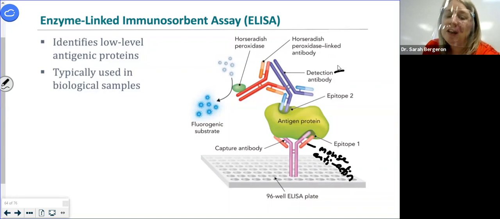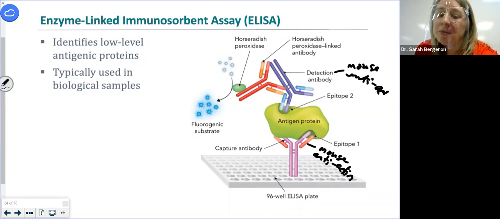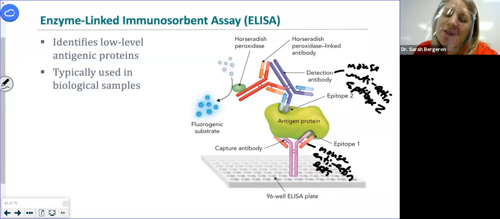So this detection antibody is another mouse anti-actin, but this is going to be epitope 2. This is going to be epitope 1. So they're recognizing the same thing, but at a different location.